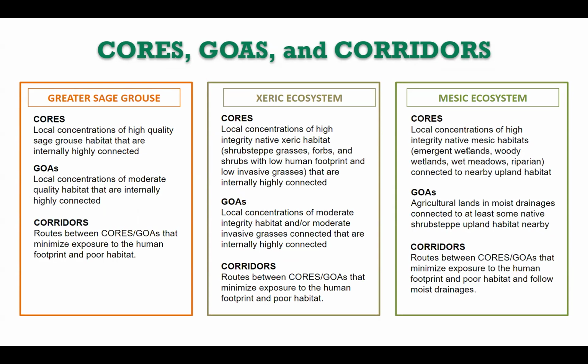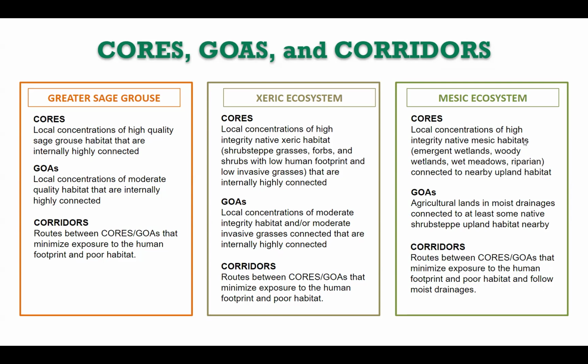But sage-grouse habitat is a little different. It's an empirical habitat model trained on thousands of sage-grouse locations in eastern Washington. The xeric ecosystem cores are more focused on where the native shrub steppe vegetation is that has the least human footprint and the least amount of invasive annual grasses. Those are the core areas.